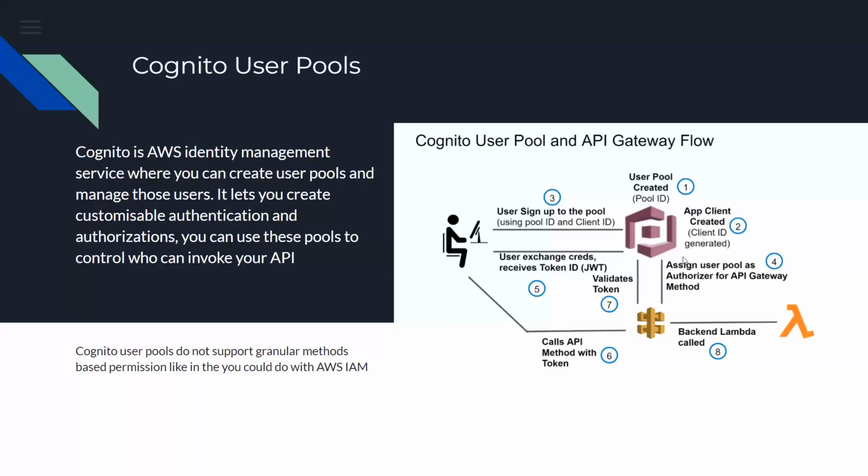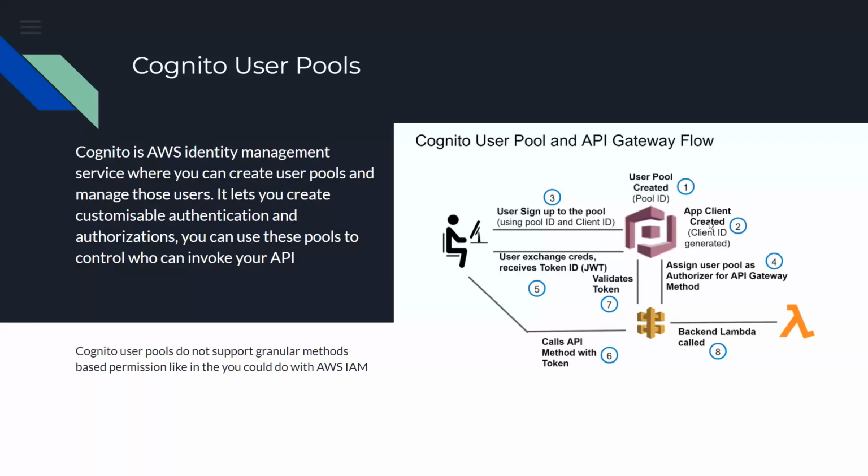This client ID is like your username, not really username in literal terms, I'm just trying to use simple terms. This client ID will be the means of the generation of user tokens that Cognito will generate for you. I'm just trying to make it straightforward.